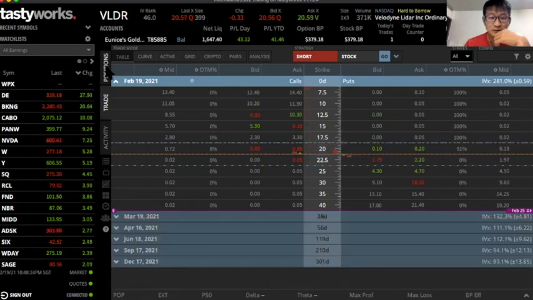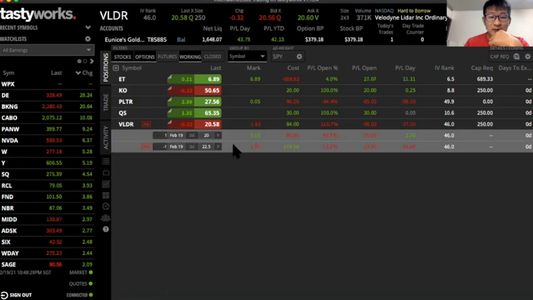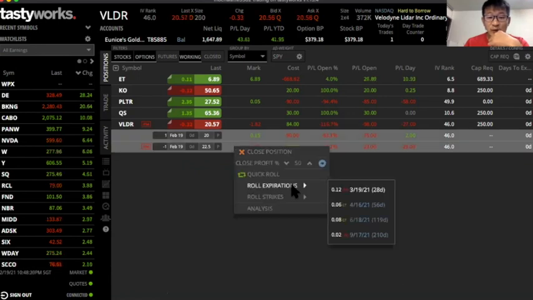This is a new function on the Tastytrade platform. What I can do is click and roll the expiration to another 28 days.